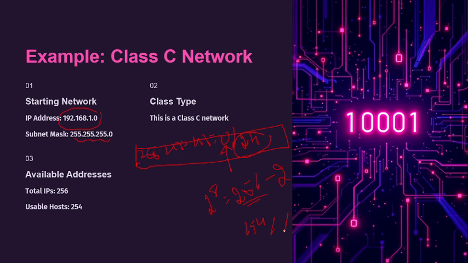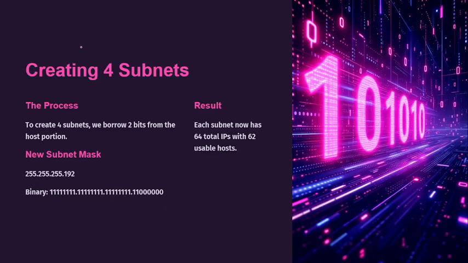Then how to do subnetting? So this is how you can do it. For example, just now I told you for Class C we have the subnet mask as 255.255.255.0. It is something like 8 bits are reserved for each block: 11111111 dot 11111111 dot 11111111 and then 00000000.